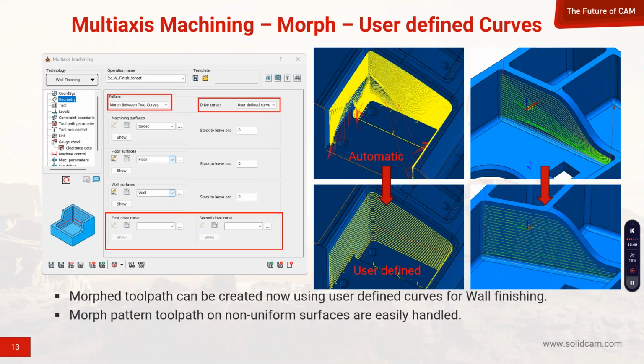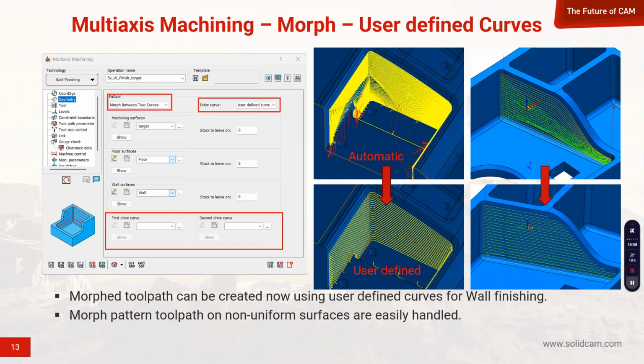You can see on the right side image, previously the toolpath was created with the automatic option, and now with the user-defined curves, the toolpath is much clearer, and the toolpath is created as expected.